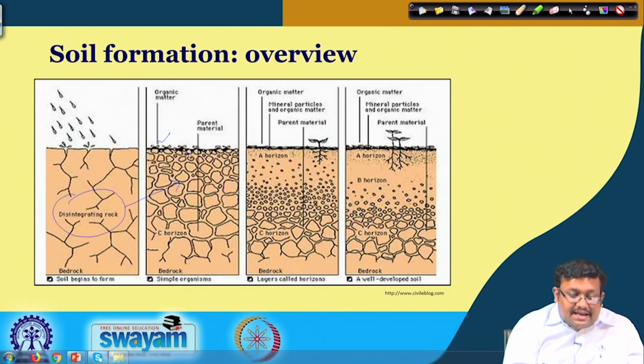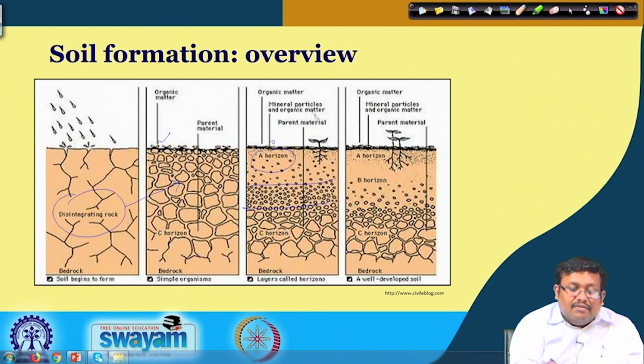And as you can see, as time goes on, there are some distinct horizons present in the soil. At the bottom you will see the bigger rock fragments, and this is called the C horizon, and some intermediate size fractions are there just above the C horizon. The A horizon is basically a mineral horizon, and above the A horizon there is an organic horizon or O horizon.